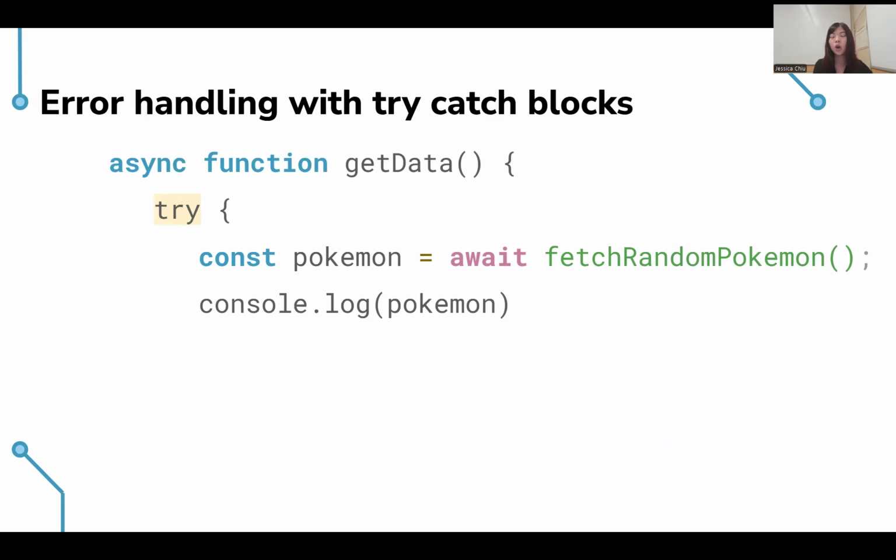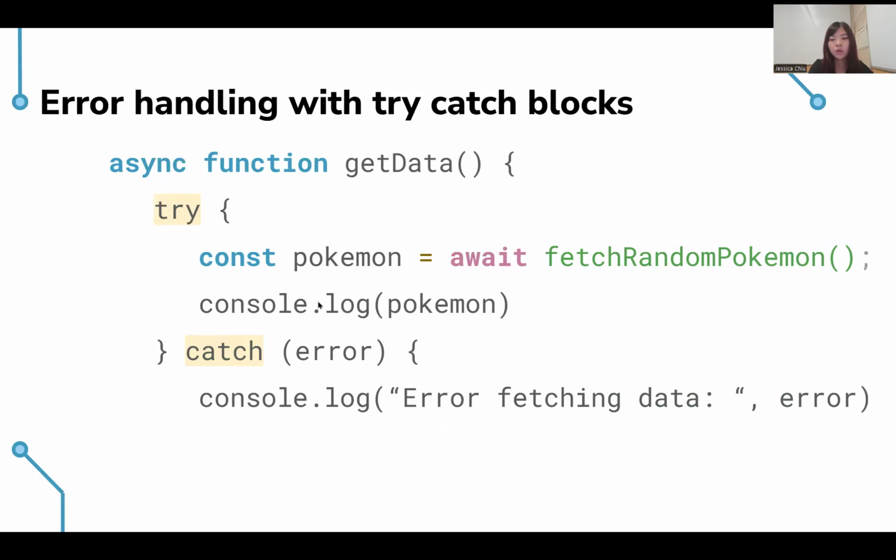Basically it's saying we're going to try doing this block of code, and if it works, then it works great. If it doesn't, then we'll enter this catch block, which will run whatever code is in the catch. In this case, we're console.logging whatever our error was.